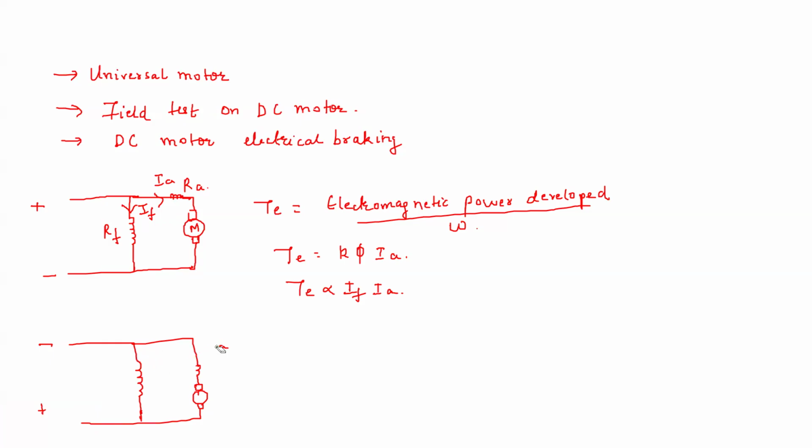It will be in the opposite direction. So IF will become opposite, and IA will also become opposite. So in this case, torque is proportional to minus IF, because compared to the previous direction it is opposite, and minus Ia. So what about the torque? Torque is still positive.